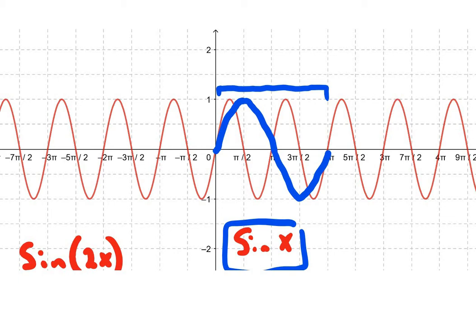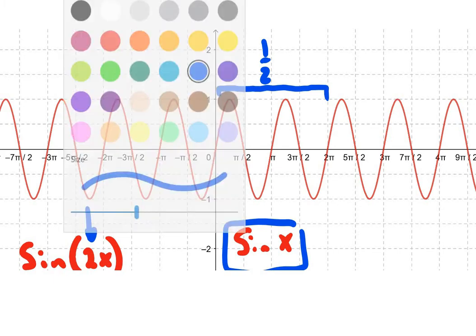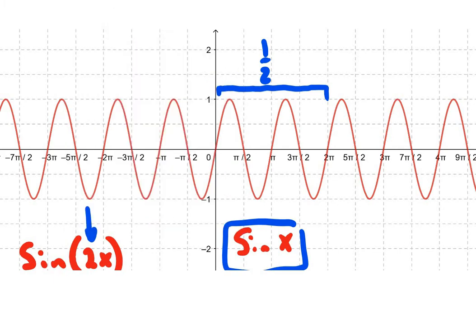Notice though, with sine 2x, the fact I put in a 2 here, that means I will divide the period by 2. So watch. The period now starts here, but it finishes at here.